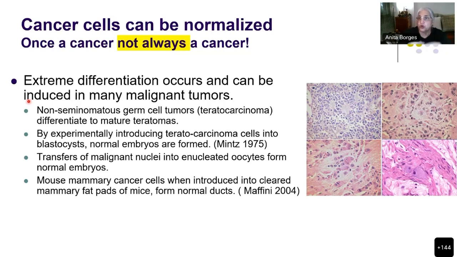So this oocyte has just one nucleus now, and that nucleus has come from a malignant cell. So it cannot kill that, because it's actually growing into an embryo.